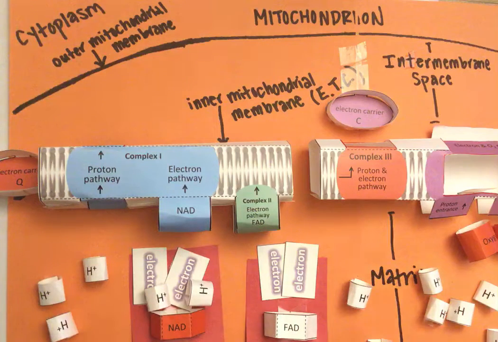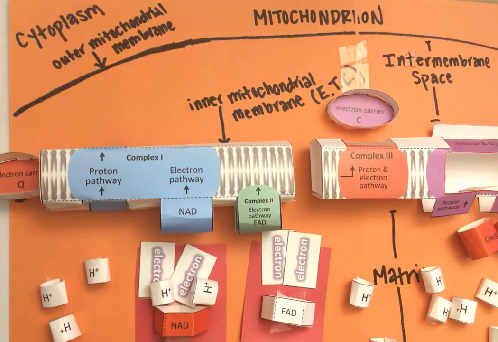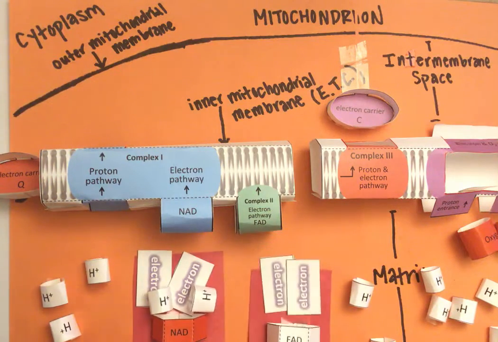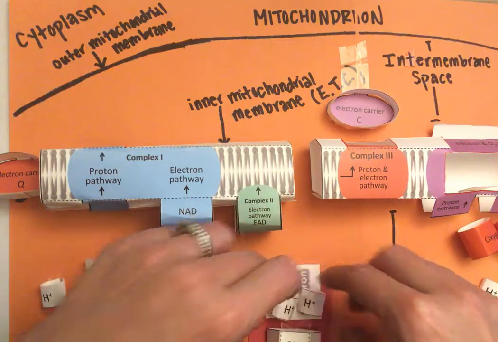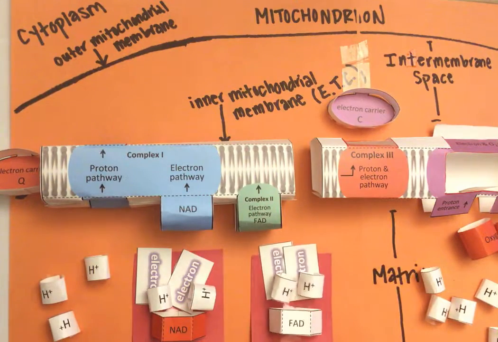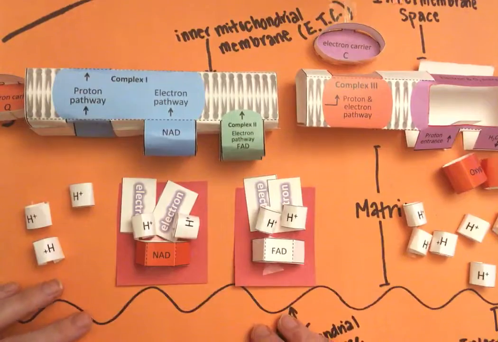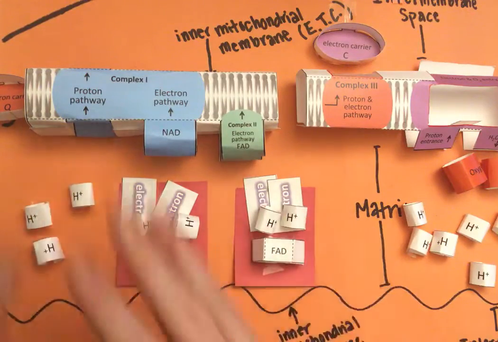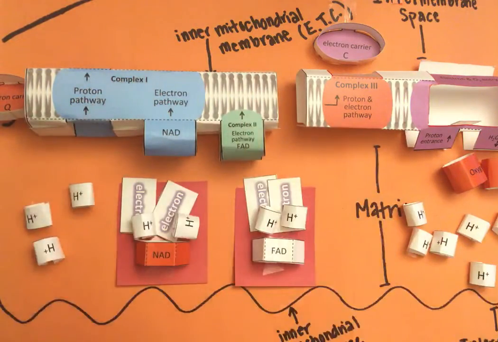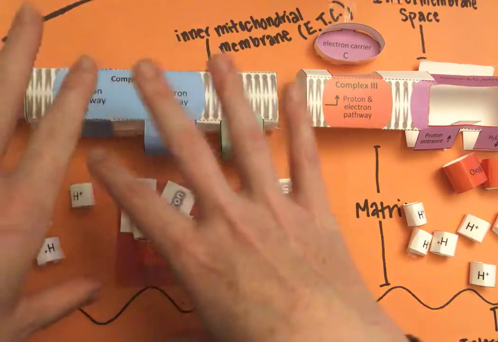We have already done the Krebs cycle in the mitochondria as well, and not only made more NADH, we've also made some, oops, I forgot to add hydrogens here. There we go, FADH2.